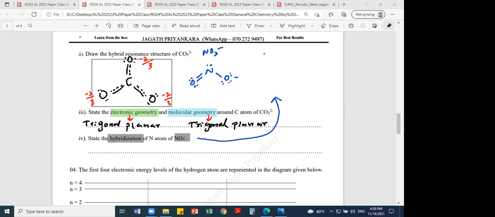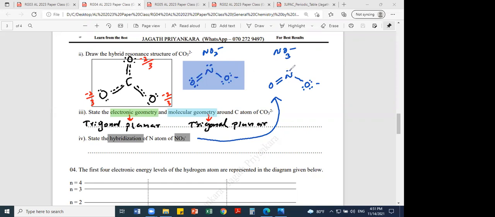The next one, NO3 minus, nitrate. How to get the structure of nitrate ion from nitrite? Now there's a lone pair. We have to link one more oxygen to this. How to do that?